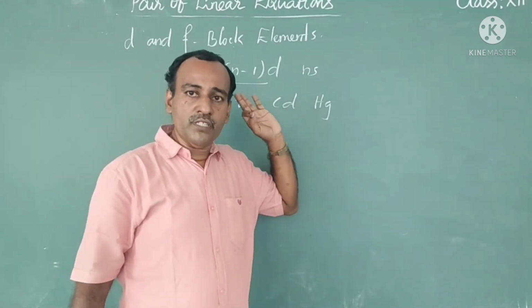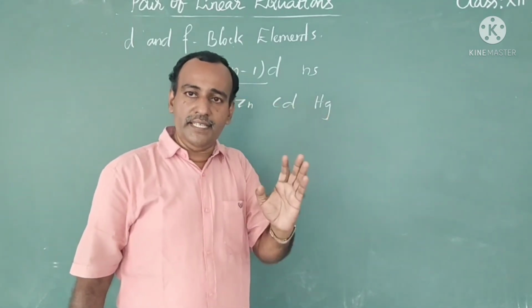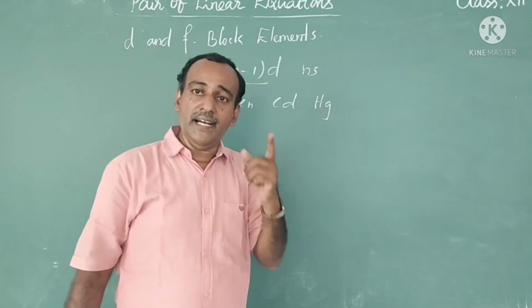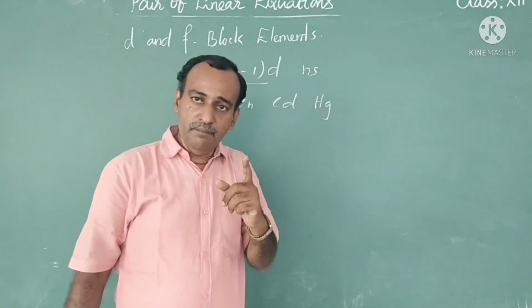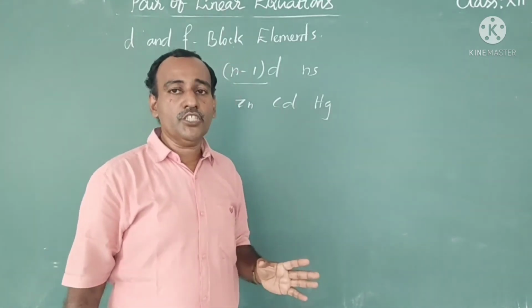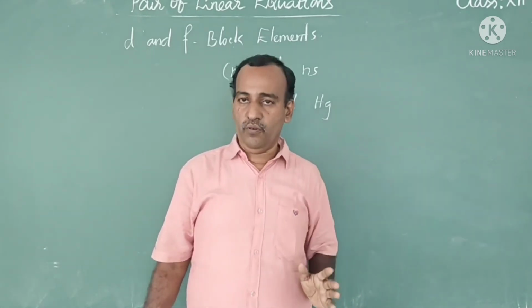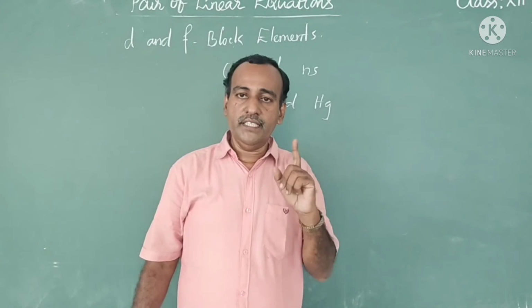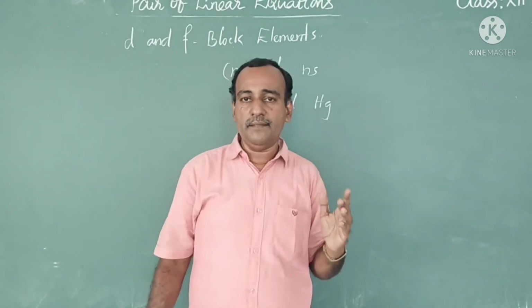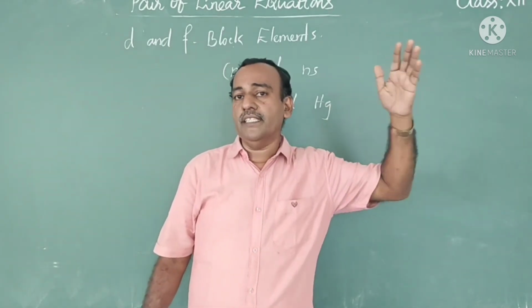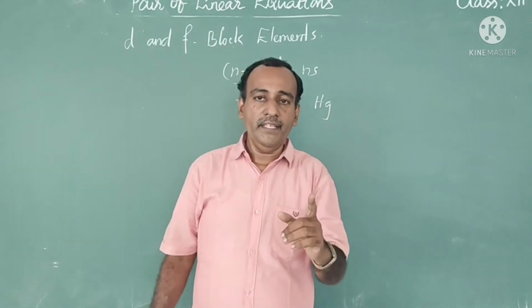Since almost all the elements in the d block area are metals, they show high melting and boiling points. All the d block elements except zinc, cadmium, mercury possess high melting and boiling points. Why?